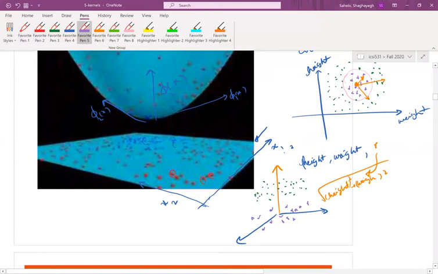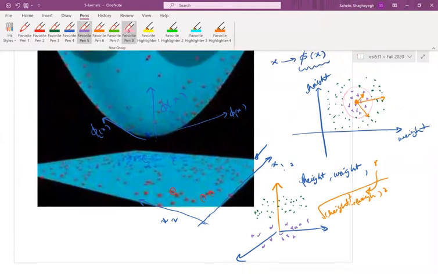Because they are farther from this point. So although I could not separate the cats and dogs with a line in the original space, I had a curve. Here, I can use a plane, which is linear, to separate my cats and dogs from each other.